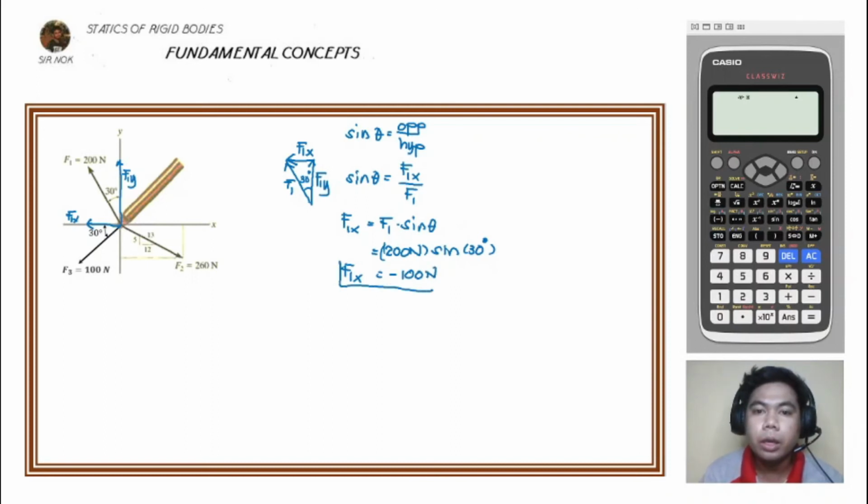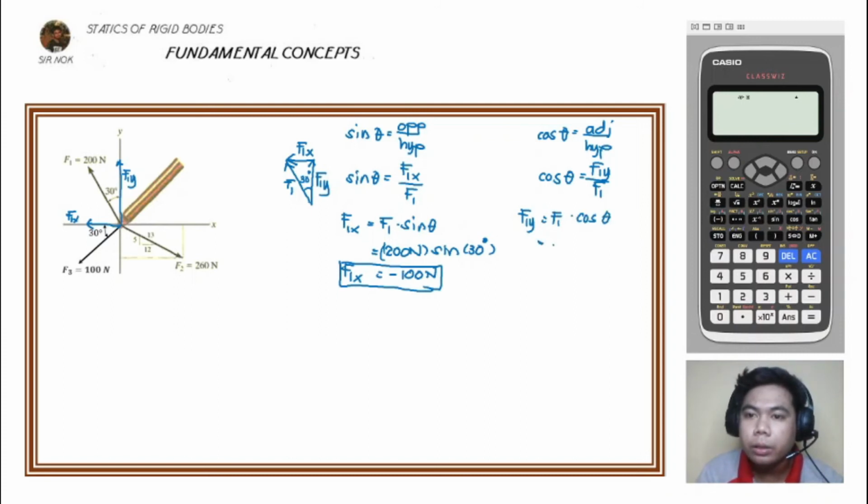So that is our F1x. So next, solve for F1y, or the y component. So the y component is the adjacent side of the angle 30 degrees. So we're going to use cosine theta is equal to adjacent over hypotenuse. So cosine theta is equal to adjacent side F1y over F1. So F1y is equal to F1 times cosine theta.